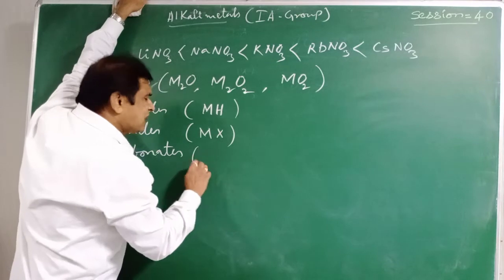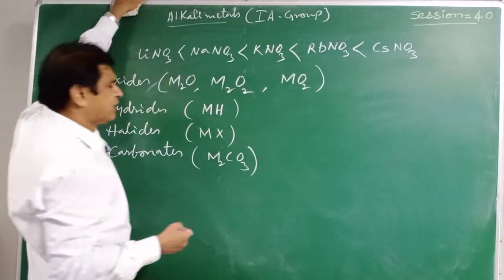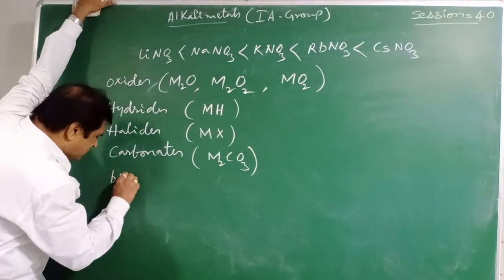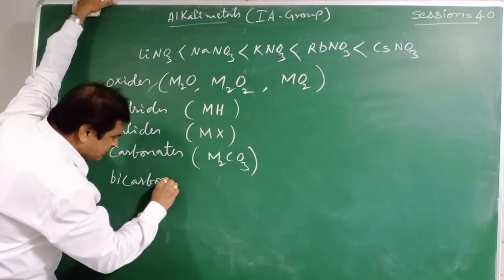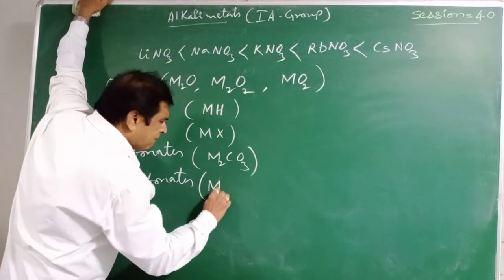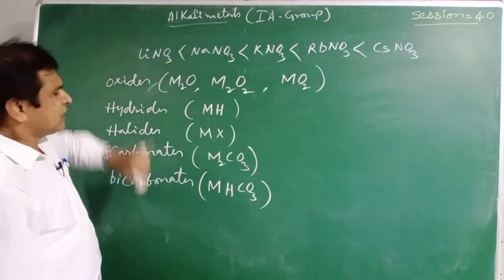Alkali metals form M2CO3 type of carbonates and bicarbonates. Alkali metals can form MHCO3 type of bicarbonates.